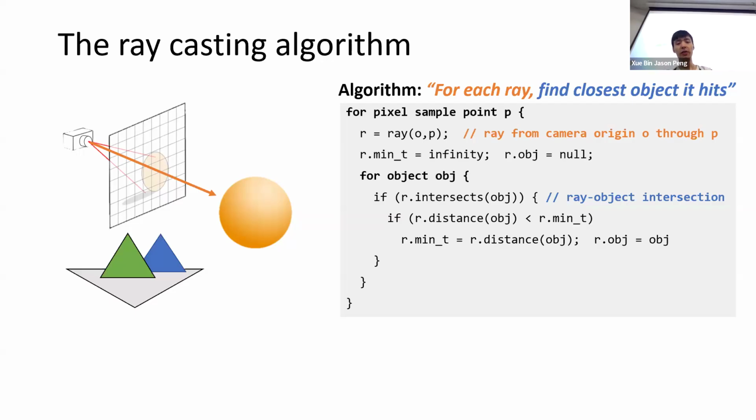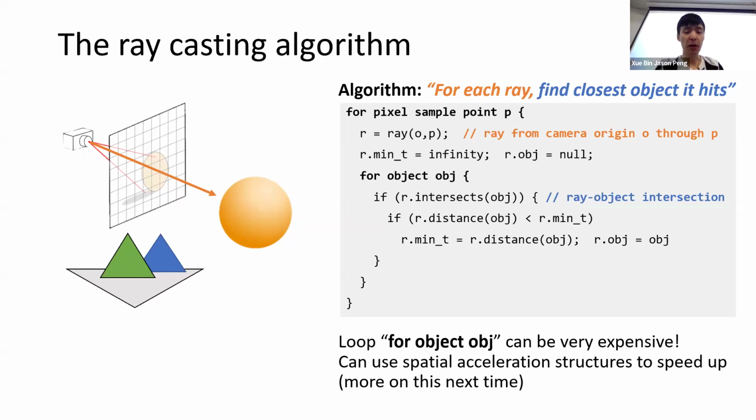Okay. So with this raycasting method, we're going to loop over all of the pixels, and then we're going to cast rays for every pixel to find the closest intersection. So one of the most expensive parts of this raycasting algorithm is the for loop over objects in the scene.